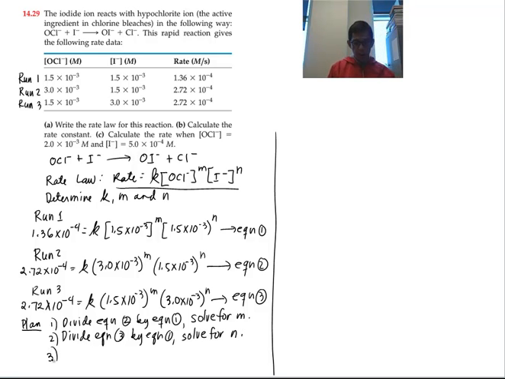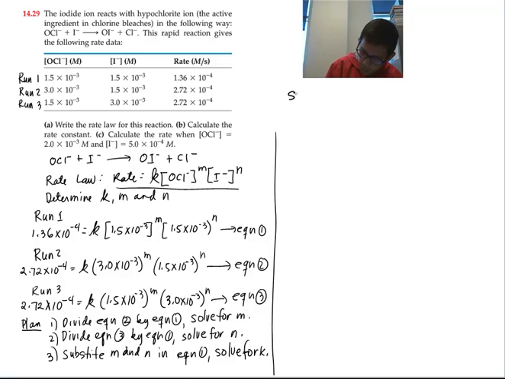And once you have m and n, you substitute m and n in equation 1, and then you solve for k. Alright, so that is the plan. So let's get to work. Let's do step 1. Step 1: divide equation 2 by equation 1.